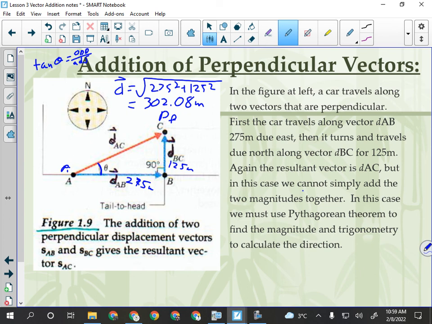So I want to calculate theta. So I have to manipulate this equation to solve for theta, not the tan of theta. So I bring tan over here, and what I end up with is theta equals the inverse tan of 125 divided by 275, opposite over adjacent.